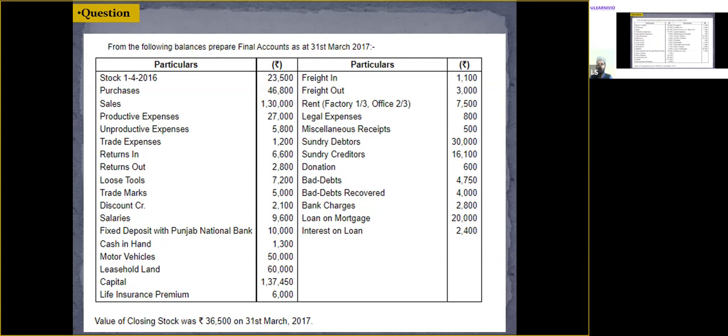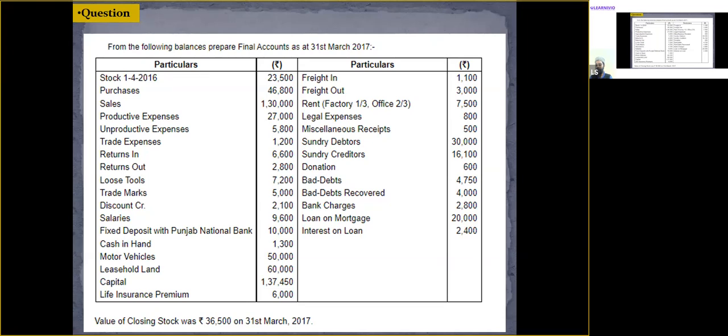That means rent will be allocated in factory as well as in office. So the factory portion will be recorded in the trading account, and rent that belongs to the office premises will be recorded in the profit and loss account.